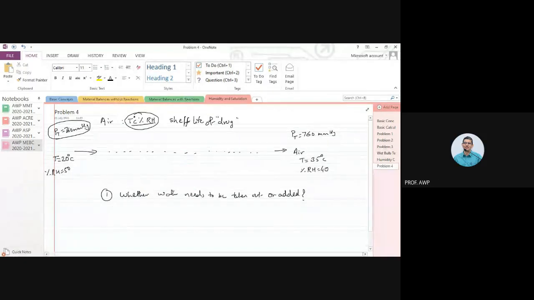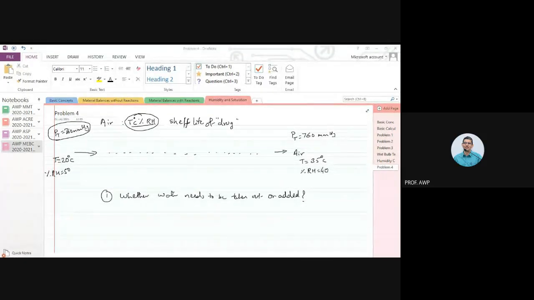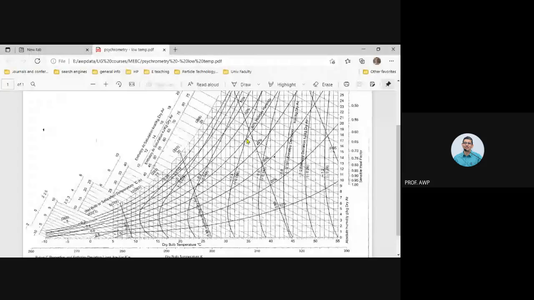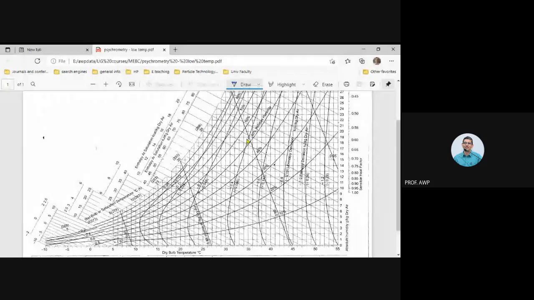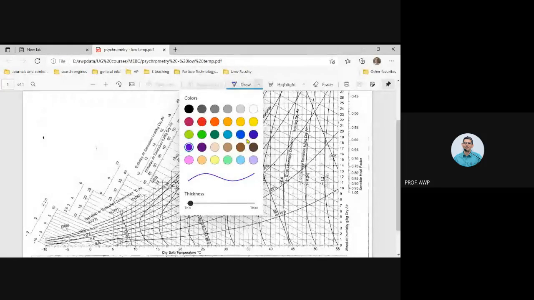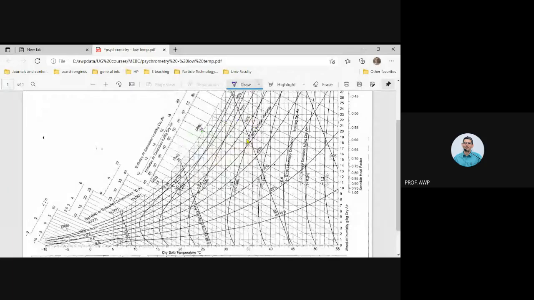Let's see this in terms of the humidity chart, just so that everybody is comfortable and following what we are talking about. Right, so inlet air is 20 degrees centigrade and 50% RH. If you look at these percent RH lines, this is the 50% RH line.